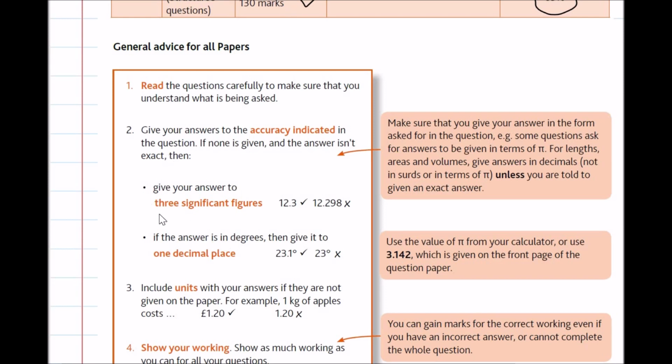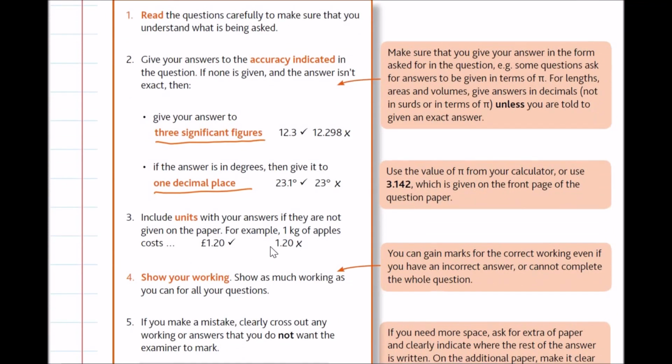So keep in mind that you are supposed to give the answer in 3 SF if no instruction is given in the question. If the answer is in degrees, then give it to 1 decimal place. Like if you are writing 23 degrees, it would be wrong. You will be losing your answer mark. It should be 23.1, which means 1 decimal place you have to write.